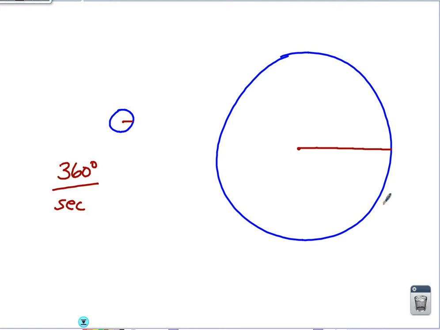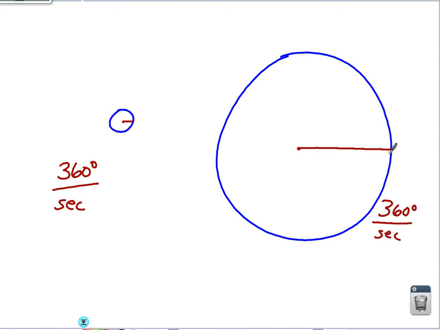You're traveling at 360 degrees per second. That's angular velocity. Compare that to linear velocity. It took you 1 second to go around this circle. How far did you travel? Well, whatever the circumference is. That makes sense. It took you also 1 second to travel around this circle. Which one was going faster? Now, when I say faster, they were going the same speed as far as angular velocity.